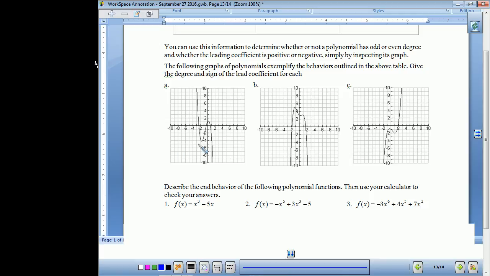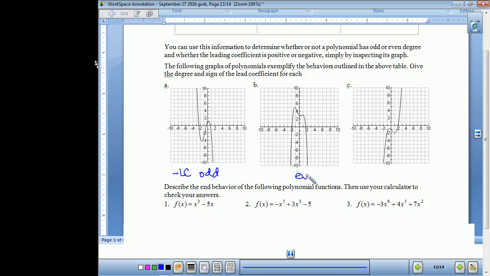Alright, the ends are going different directions. When they go different directions, the degree has to be odd. And it's rising to the left and falling to the right, so it's going to have a negative leading coefficient. This one's going in the same direction, so the degree of the function would have to be what?